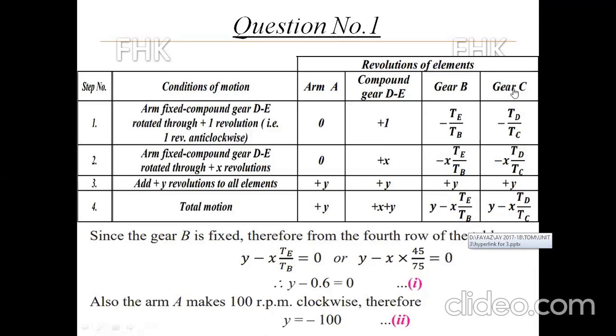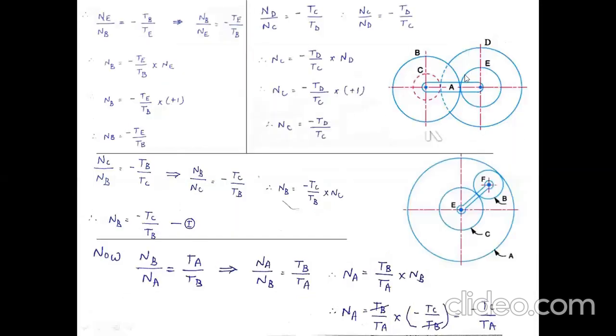Now we have to find out the speed of gear C, and C meshes with gear D. So by the standard formula, ND, speed of driver, divided by speed of driven. We have to find out NC.